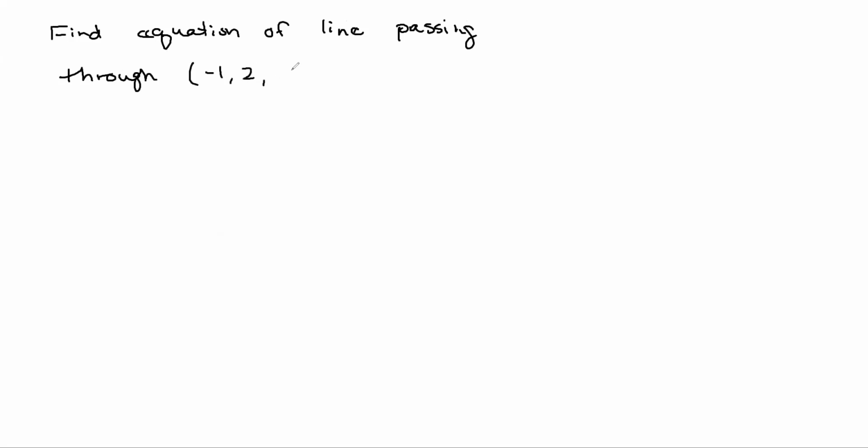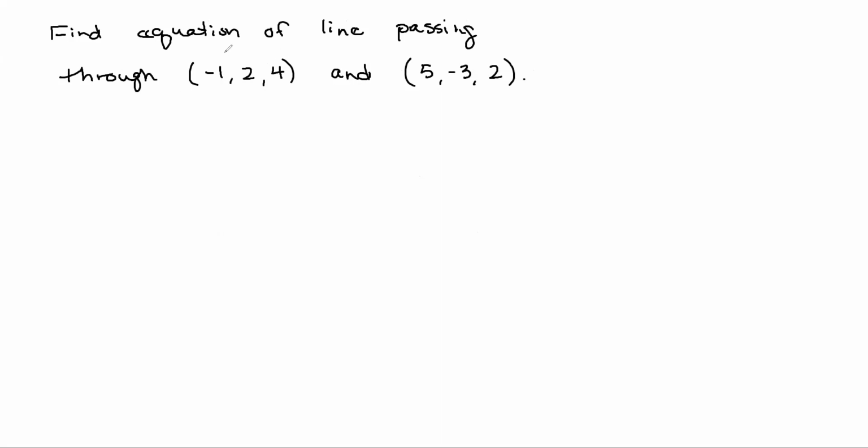So just so you can illustrate that this works in 3 dimensions. Okay, so let's say we have a similar problem, but we've got (-1, 2, 4) and (5, -3, 2).